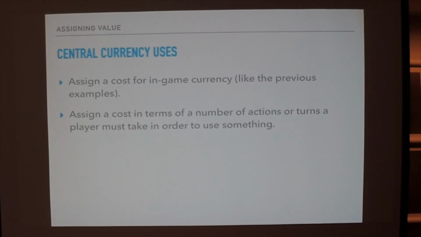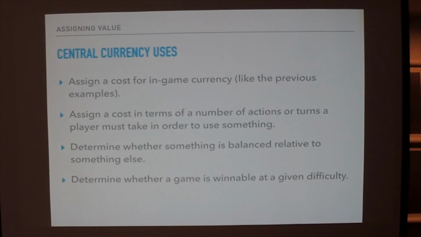So it's not a monetary cost in the game. It's how many turns does it take, or that sort of thing. And of course, like I said, is it balanced relative to everything else in the game?